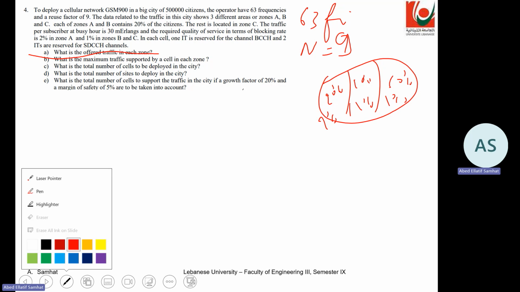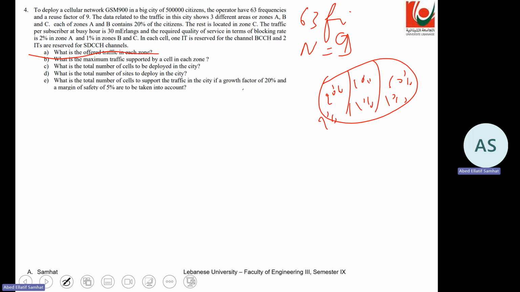Here we know that the traffic per subscriber at the busy period is around 30 milli-erlang. And we know the number of users in each zone. So it's just a simple calculation that we can do.